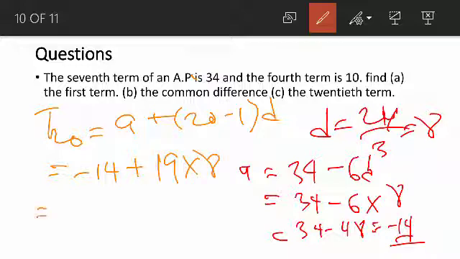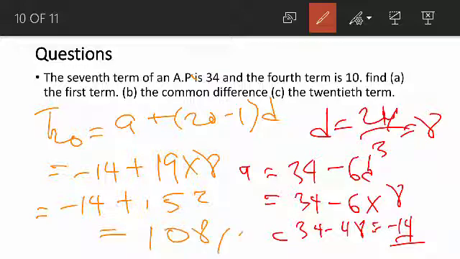So that would be minus 14 plus 152. That's 80 plus 72. And when we do this, we are going to get 138 as the answer to the question.